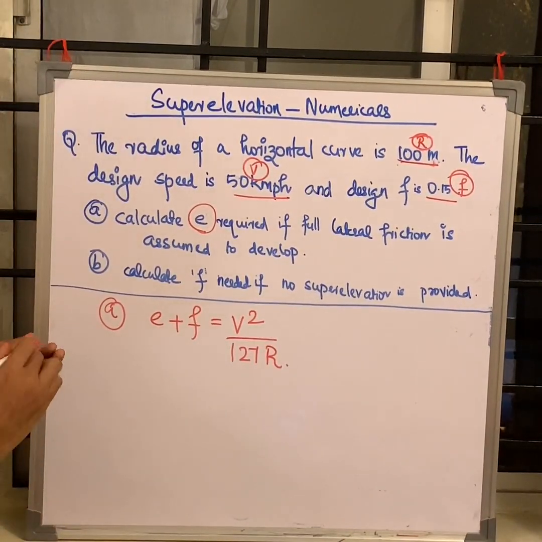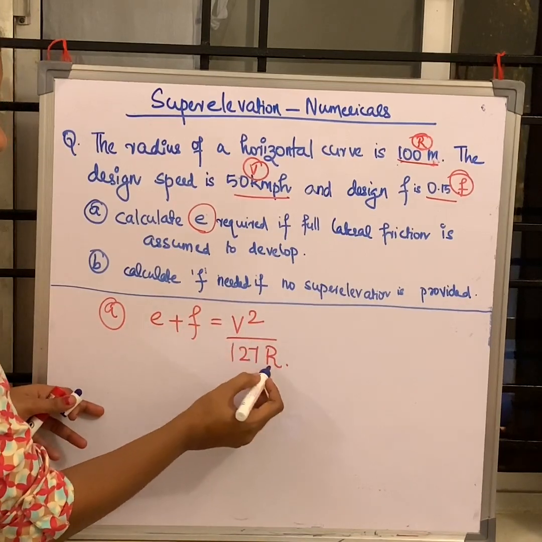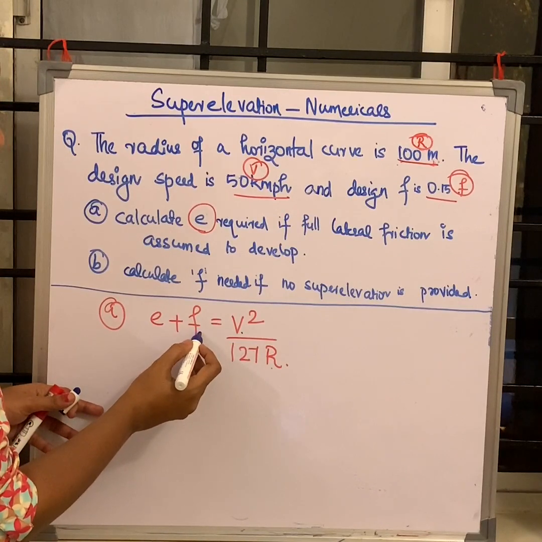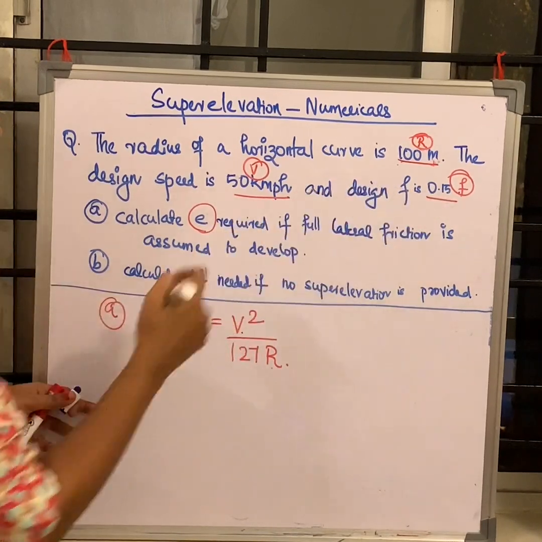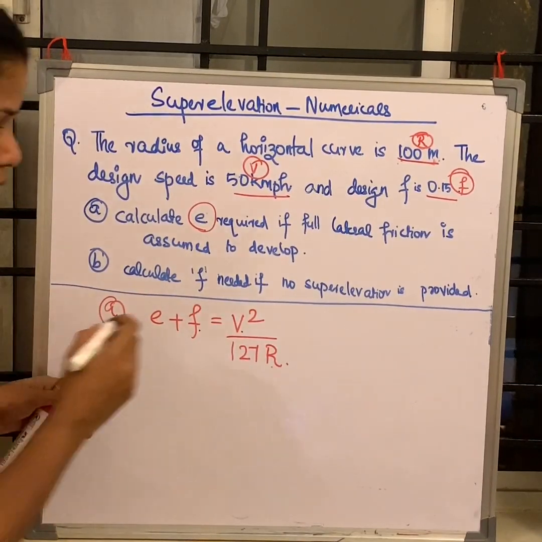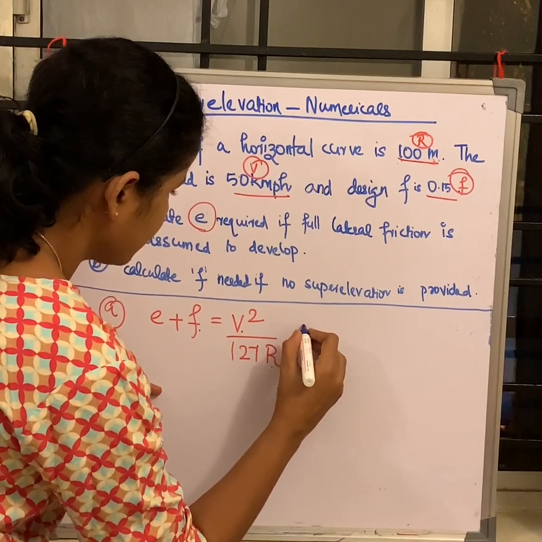Now, what are the values I have? It's pretty simple because I have the design speed V, I have R as given, and we are taking full friction, that is 0.15. Substitute all the values and see what e value you get.